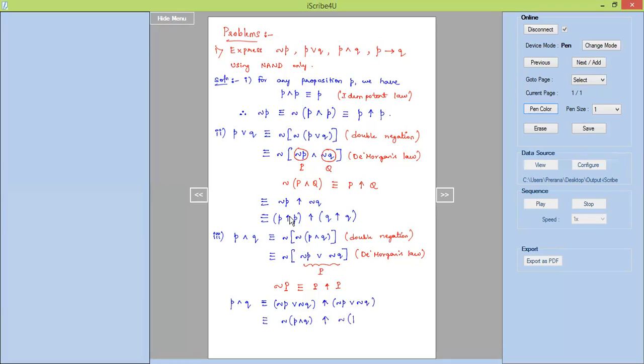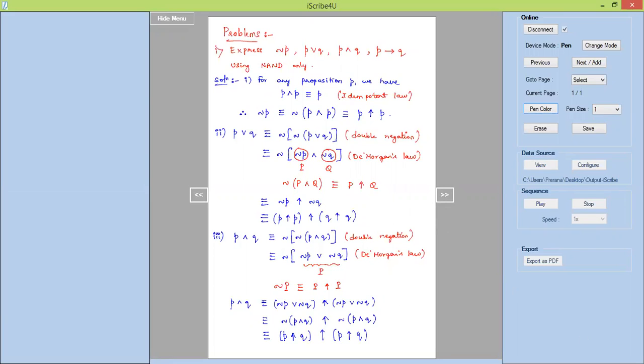Again, this is negation of P and Q. Now, how can I represent that negation of P and Q? We can represent it as P NAND Q, using the definition of NAND. We already have a NAND in the middle. Write it down as it is. Again, we have P NAND Q.